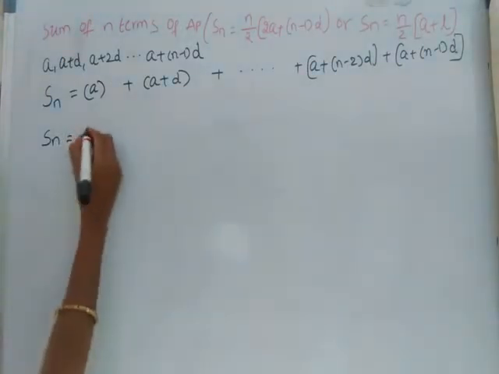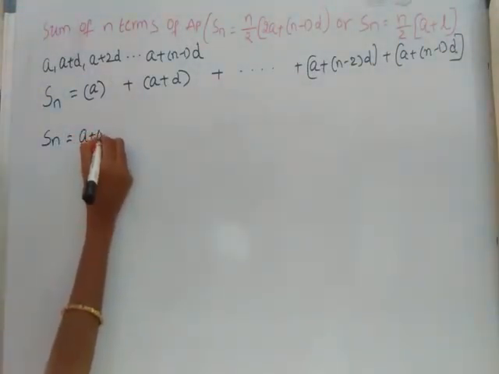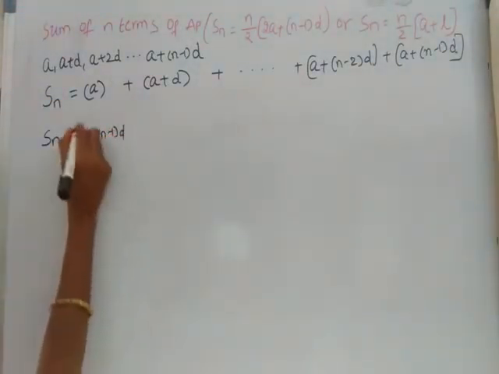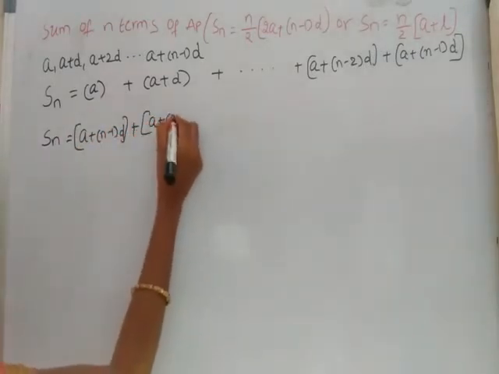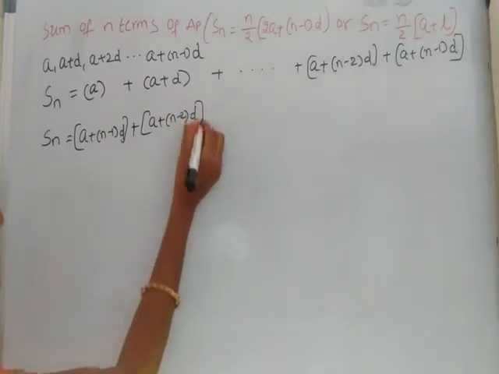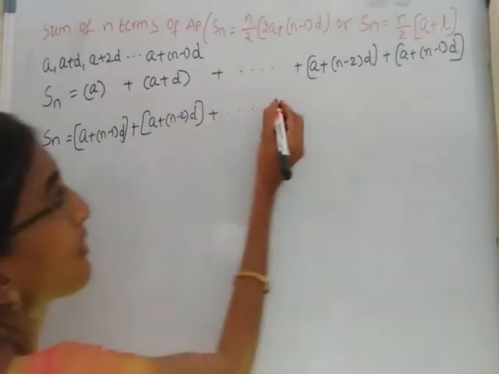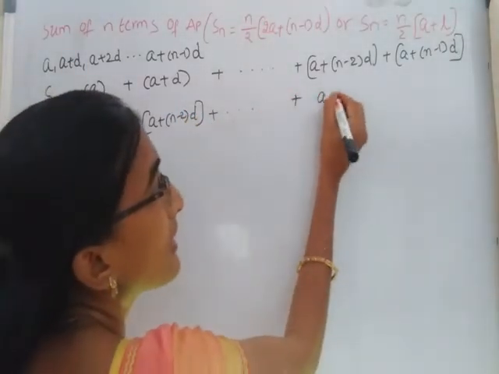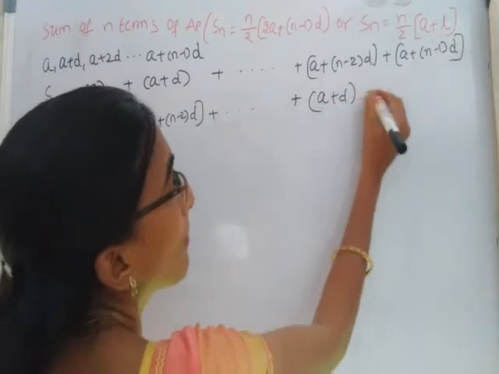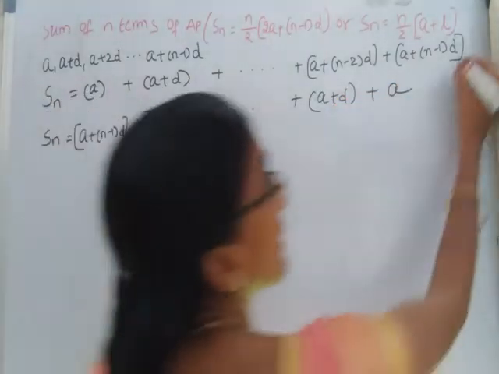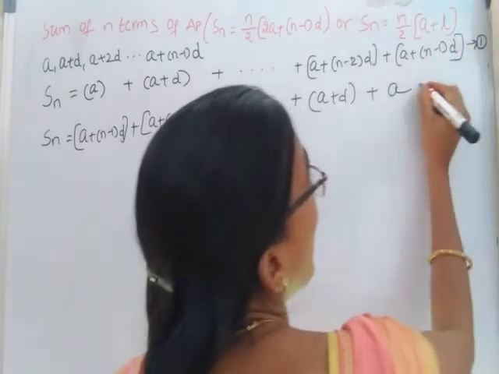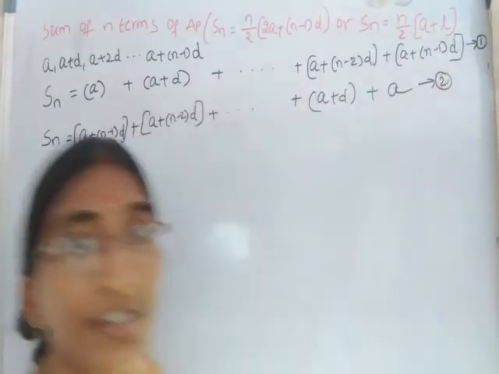So now let us write a plus n minus 1 into d plus a plus n minus 2 into d plus and so on plus a plus d plus a. Take this as the first equation and this as the second equation.